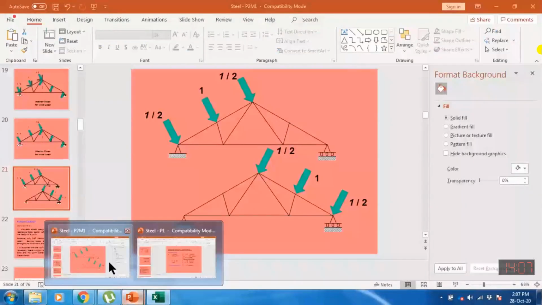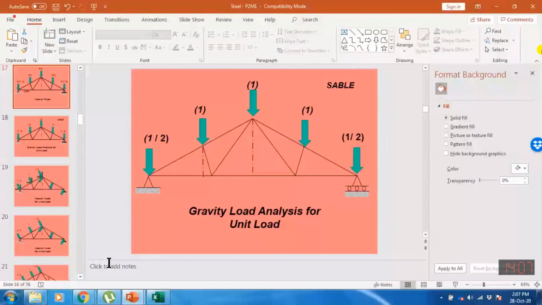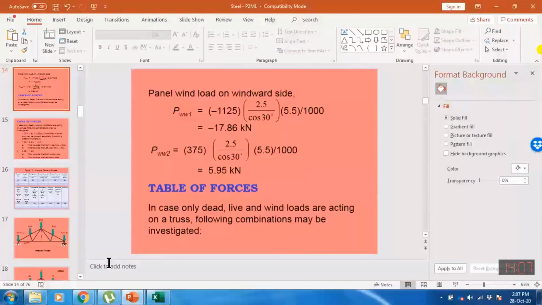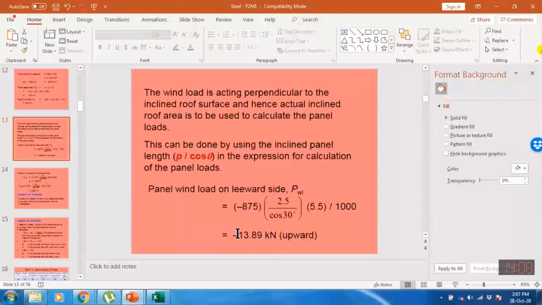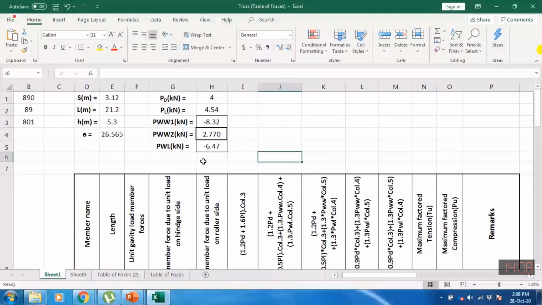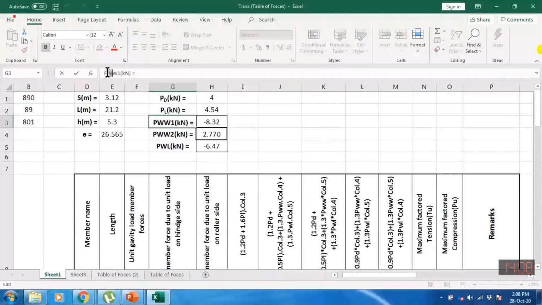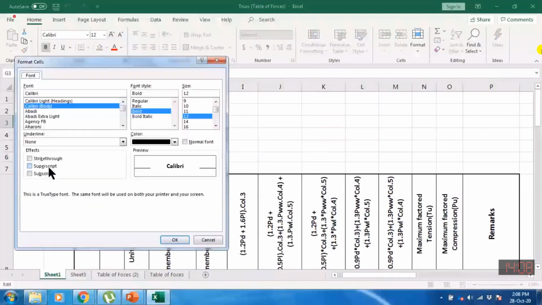You have already performed, so you are having this panel dead load 7.44 and panel live load 8.25, and similarly levered wind, this is a levered wind load panel load, this is minus because the CQ coefficient was negative. So he has written in this column what he has already computed. So similarly, this is the PWW1, maybe the windward load 1, because we have two windward loads. One is positive, another is negative.